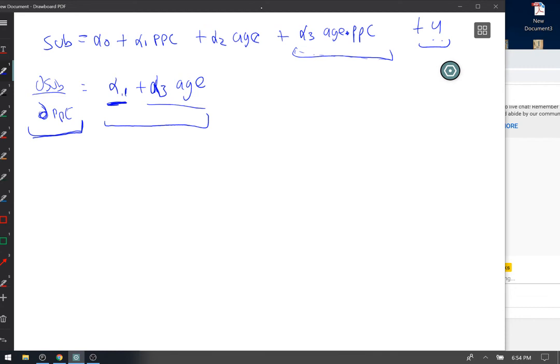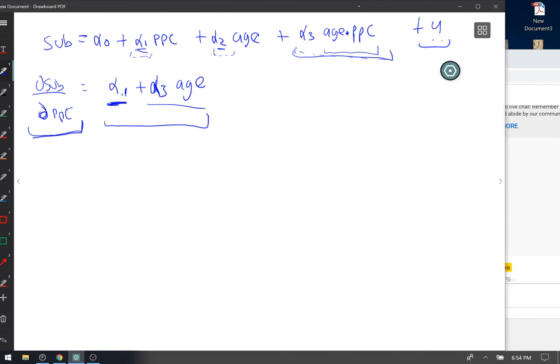So when we transform this to be in the deviation of its age from its mean and PPC from its mean, it's going to retransform the regression such that the new coefficients on PPC and age will reflect the marginal effects at the mean. So that's kind of what we want. It's not an issue when alpha 3 is naught, we can drop that out. Alpha 1 and alpha 2 will be the marginal effects at the mean or anywhere. But when alpha 3 doesn't equal naught, of course, the marginal effects depend on age and PPC.